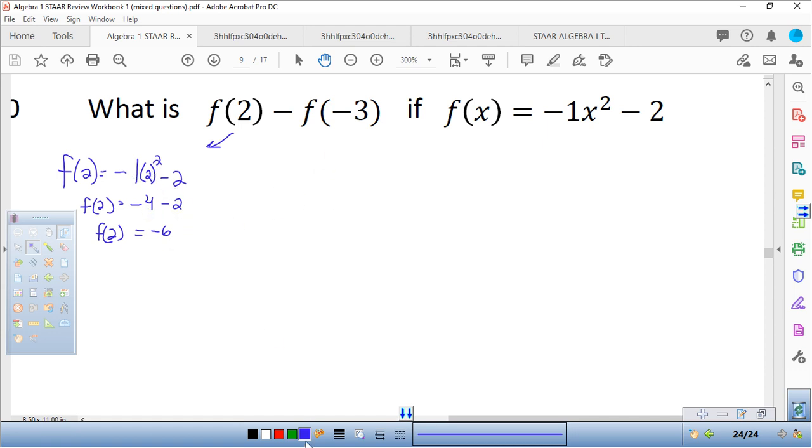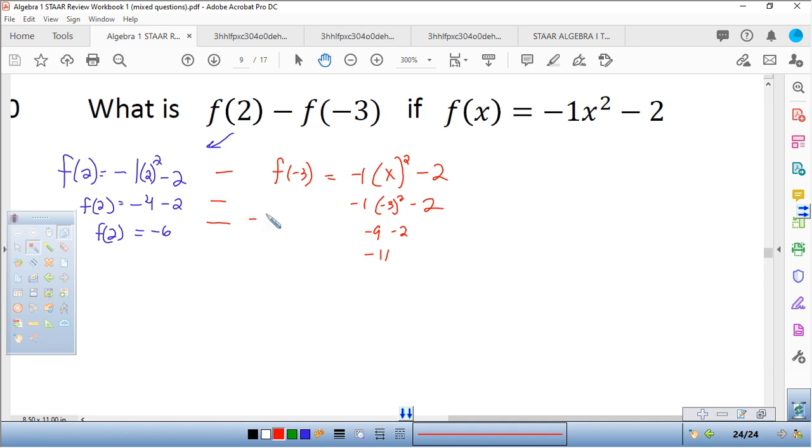Yeah, that's good. Here, we're going to go minus, right? f of a negative 3, which is going to be a negative 1 times x squared minus 2. Negative 1 times a negative 3 squared minus 2. It becomes 9, right? 9 times a negative 1, negative 9 minus 2 becomes a negative 11.